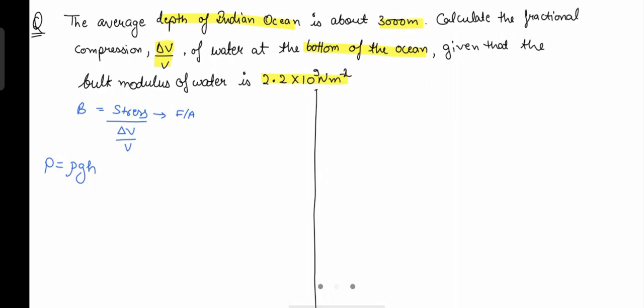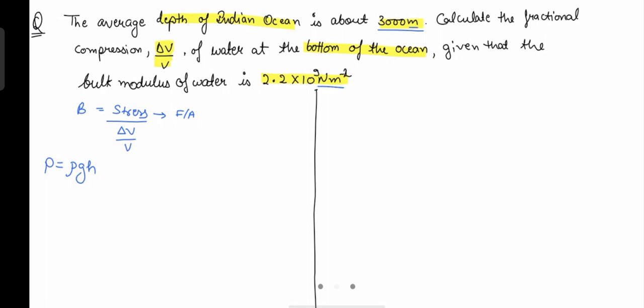Yes, the height is given, that is 3000 meters. And what about rho, the density? In the case of water, we can take it as 1000 kg per meter cube. I say kg per meter cube because I want everything in SI units, meter and Newton per meter square.